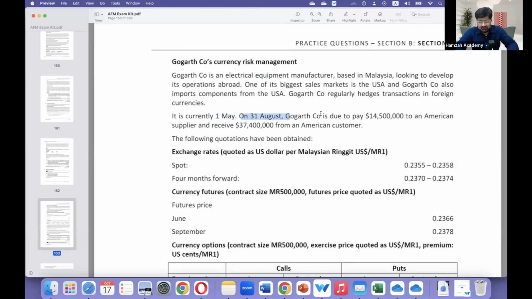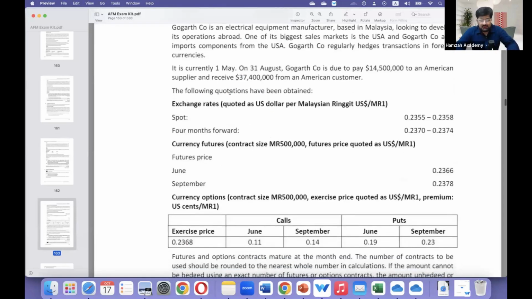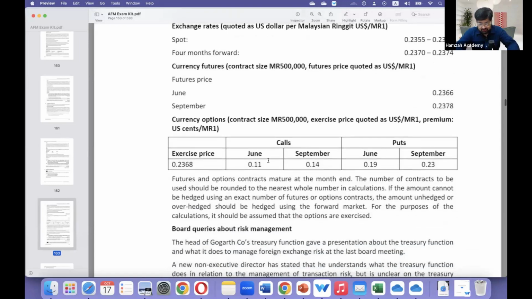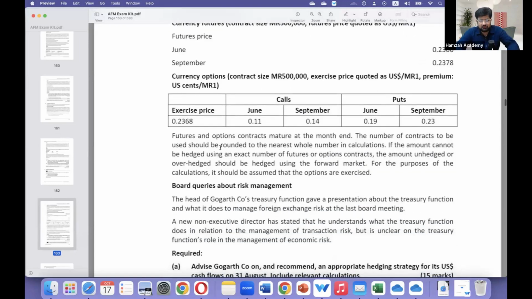On 31st May, Gogarth is due to pay $14.5 million to an American supplier and receive this amount on the same day. Okay. So the following quotations have been given: forward contract, currency futures, currency options. Forward, future and option mature at month end.